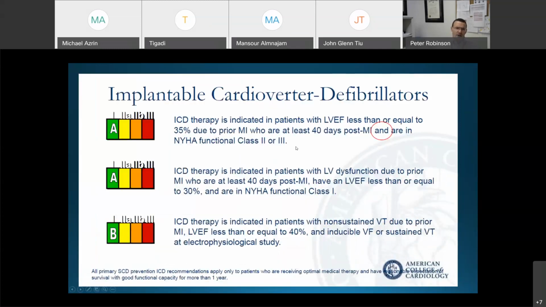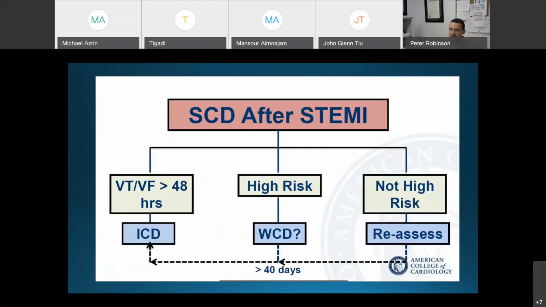So ICD therapy, class 1A recommendation, ICD therapy indicated post-MI. Yes. Sorry, quick question. On your last slide, what's the criteria that makes it high risk if they had a VT or VF event? That's a good question. I think this is a clinical assessment of those who are high risk, mainly those with reduced LV function.